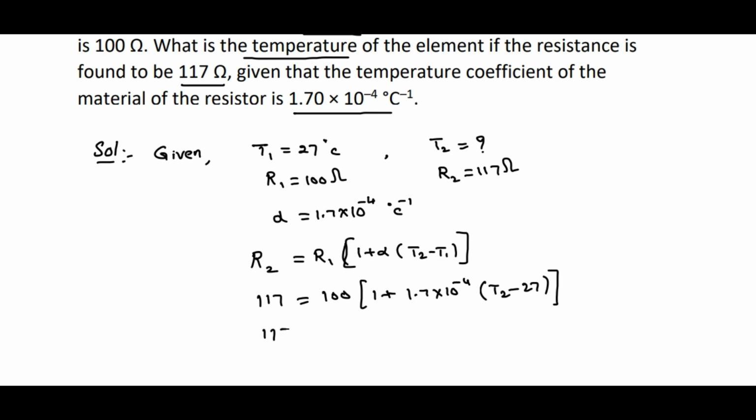Here 117 is equal to 100 plus 1.7 into 10 power minus 2 into T2 minus 27. Here 100 comes to the left hand side. This one will be 17 is equal to 1.7 into 10 power minus 2 into T2 minus 27 degrees.